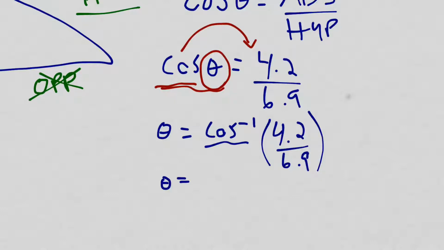All right, so just to finish this off, now I'm going to do on my calculator shift cosine gives me cos inverse, cos to the power minus 1, or at least that's how it appears, and then I put in 4.2, use the fraction button, 6.9, close my bracket.